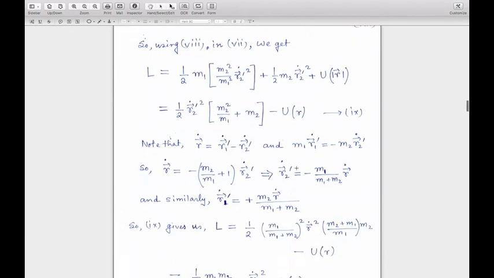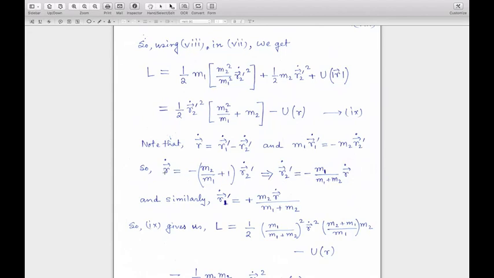Okay. Now remember, what is small r? Small r is r1' minus r2'. So small r dot is r1' dot minus r2' dot. Again we have this equality due to the definition of the CM frame.